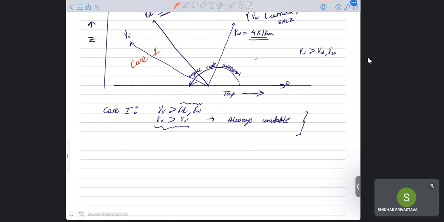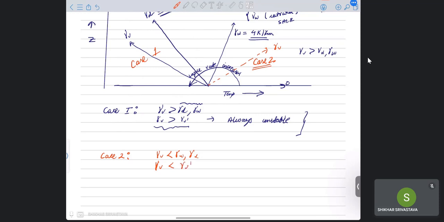Similarly, we can have case 2. In case 2, suppose your environment lapse rate is somewhere here, gamma V. That means gamma V is less than gamma W, and also less than gamma D. That is, your environment lapse rate is always less than the parcel lapse rate.